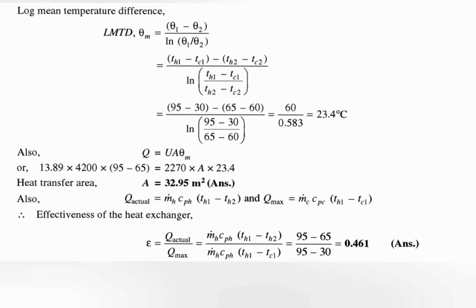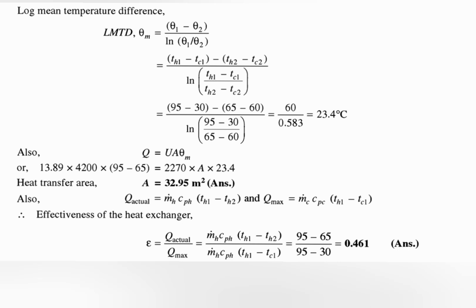Both are the same value. Here I take the heat lost by hot water. Substituting that value, I get the area as 32.95 meters square. So you got the answer to the first part.